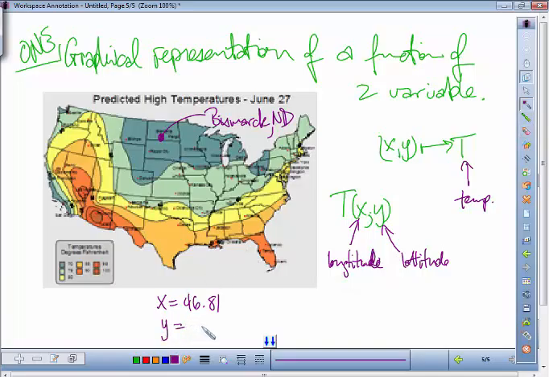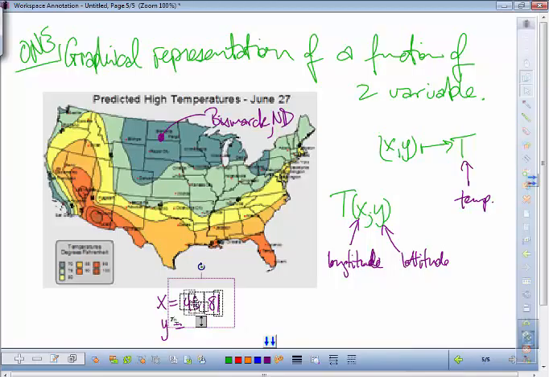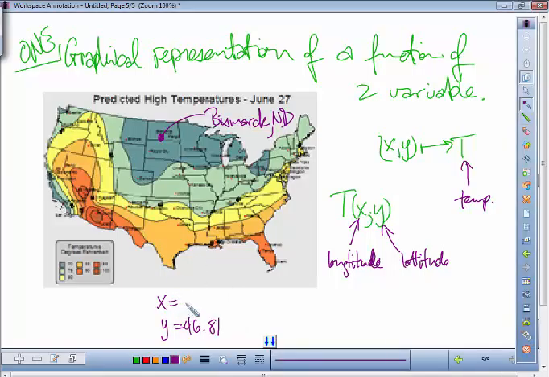Y equals what? 123.78. Okay, so I'm going to switch these two because when you said north, I think of the y-axis. So it's 100.78. The x and y that you would have as an input would be these values, the longitude and latitude.